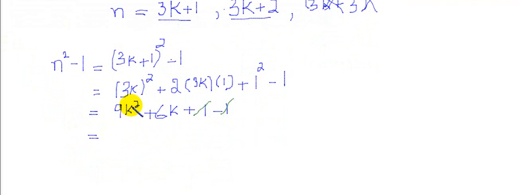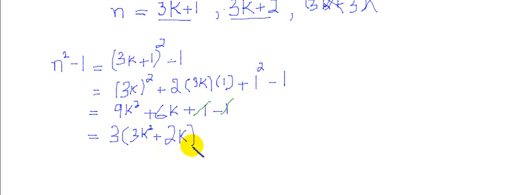So we are left with 9k squared plus 6k, and we can factorize this by taking 3 as common. It becomes 3 times (3k squared plus 2k).